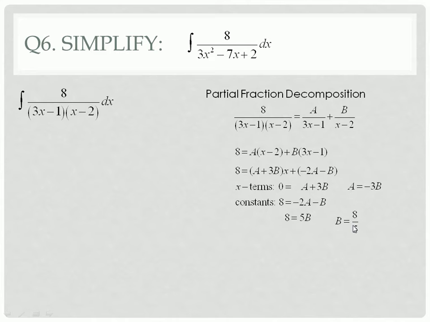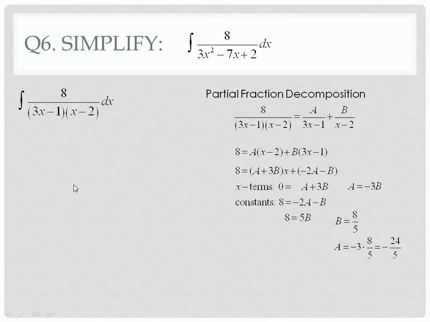And if b is 8/5, I know that a is -3 times b. So -3 times 8/5 gives me -24/5. So my coefficients for my partial fraction decomposition are a is -24/5, b is 8/5.